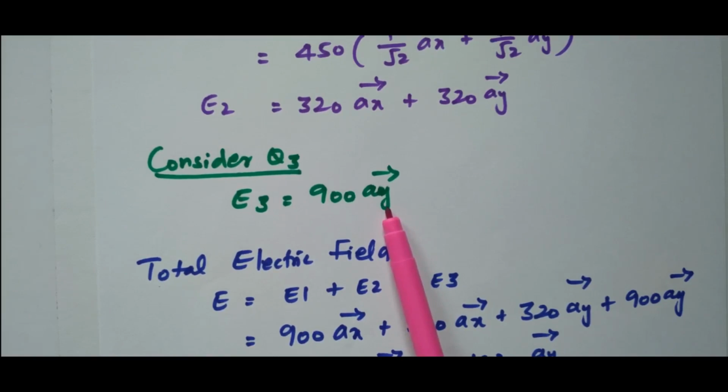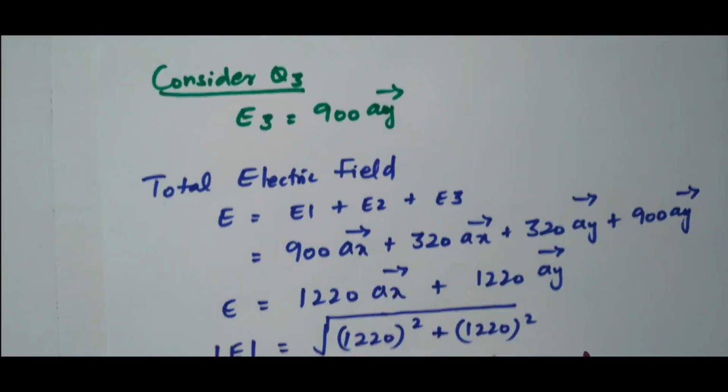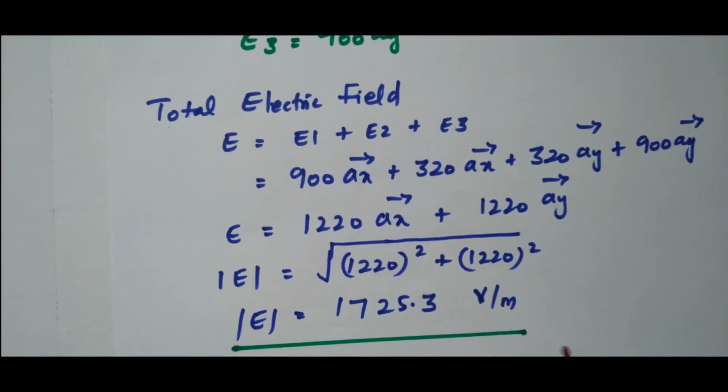Now we got all three values due to Q1, Q2, Q3, so they can be added together. E equal to E1 plus E2 plus E3. E1 equal to 900 into AX, horizontal. E2 has two values, horizontal component and vertical component, which we just calculated. And E3 is 900 AY. These two are equal, one horizontal, one vertical.